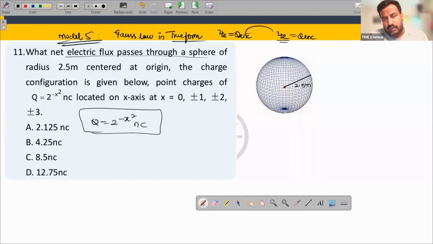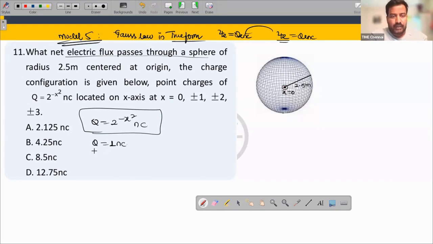Now, this is located on the x-axis. When x is 0, the charge is 2 power 0, which is 1 nanocoulomb.